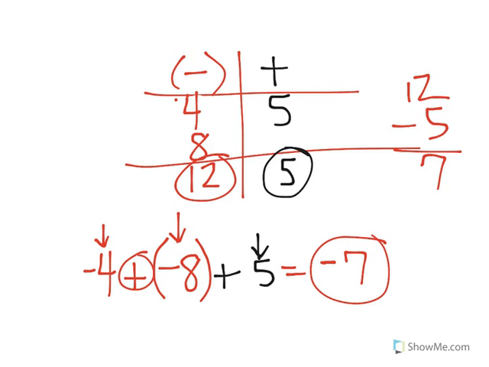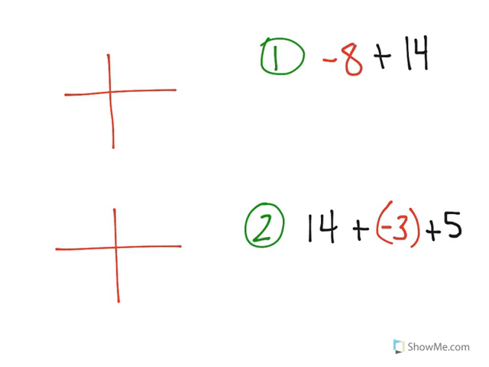All right, now that we went over a few problems, let's go ahead and have you give it a shot. I'm going to give you 2 problems and see if you can do them. I'll give you the answer in just a moment. The first one is -8 plus 14. Number 2, your second question is 14 plus -3 plus 5.